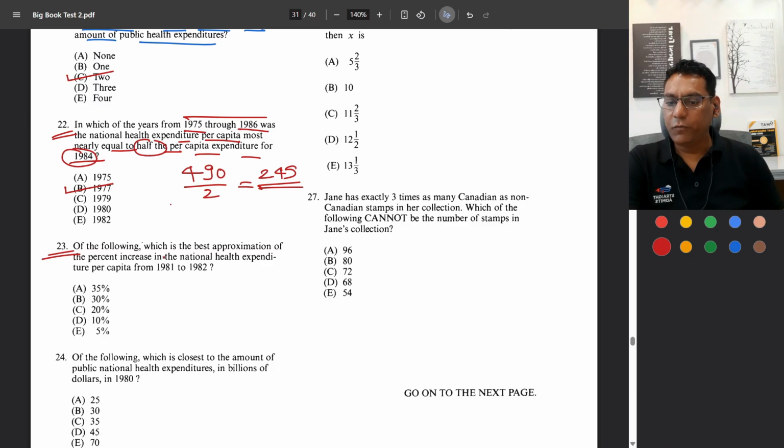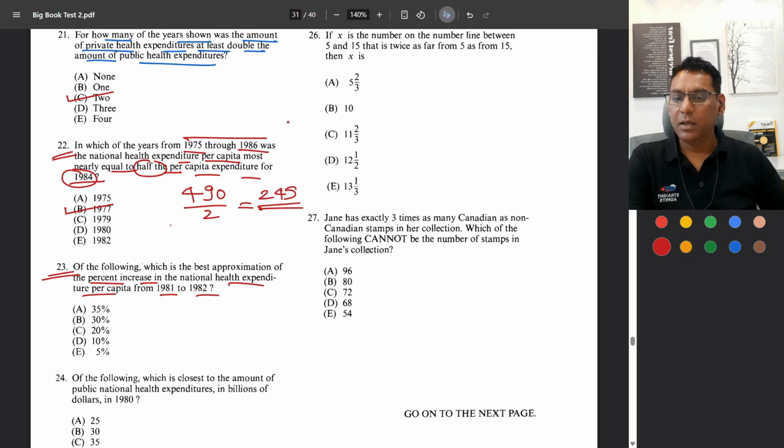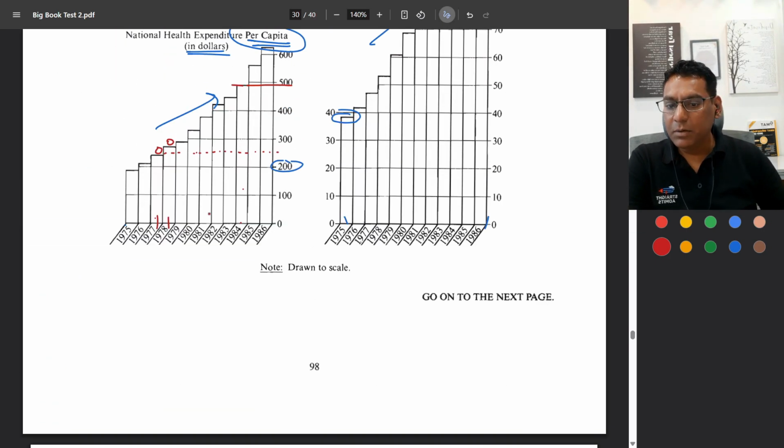Question 23. Of the following, which is the best approximation of percent increase in the national health expenditure per capita from 81 to 82? So 81, whatever was the number per capita, how much did it increase by? Let's first get the numbers. Where is 81? 81 was this, 82 is this.